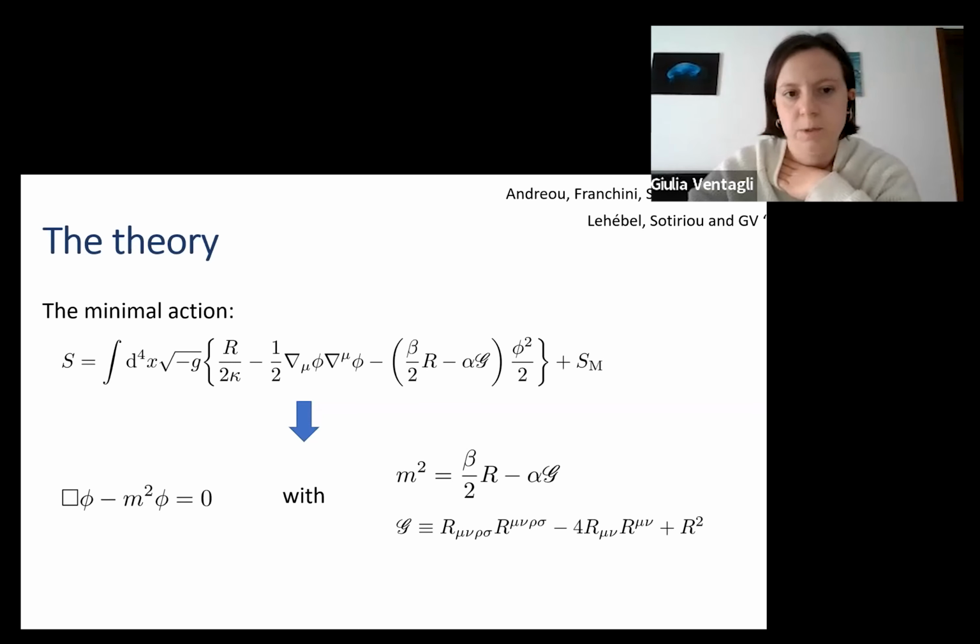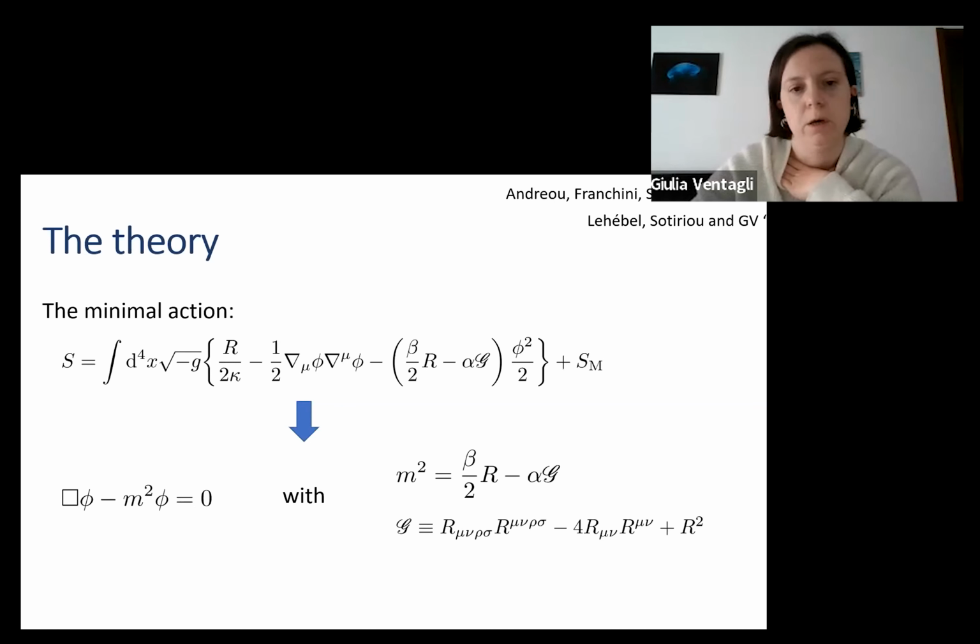What we did is we studied the full system of field equations: the modified Einstein equation, which I'm not reporting here because it's quite complicated, and the scalar field equation here, where the effective mass square is the following.